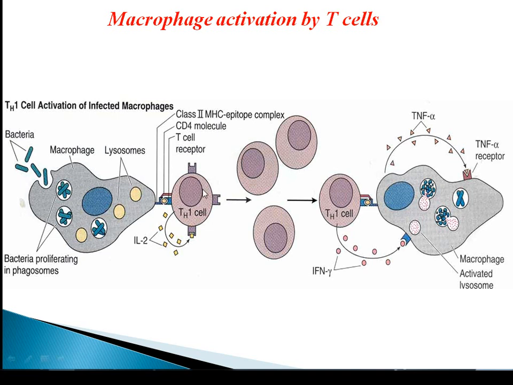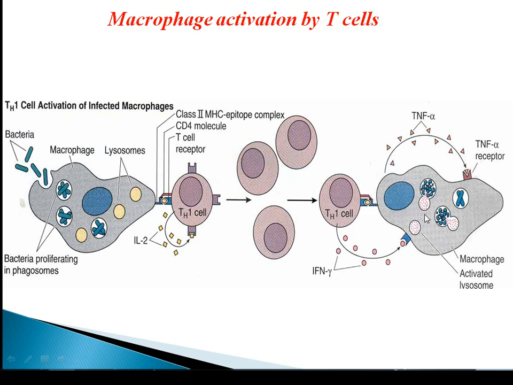So T helper 1 cells undergo mitosis and their number increases. Effector cells then produce interferon gamma to activate the macrophage. The macrophage in turn produces tumor necrosis factor and auto-activates itself.